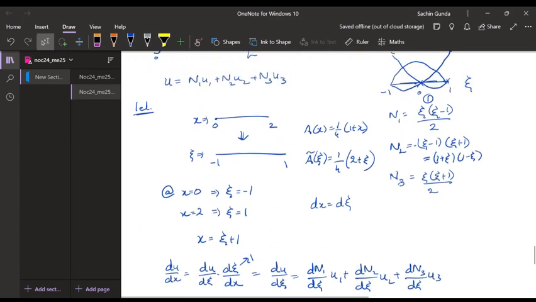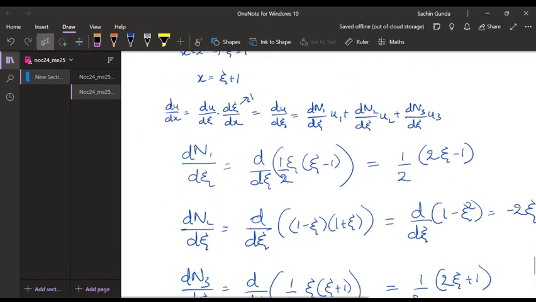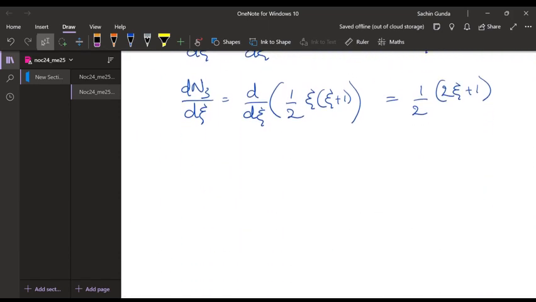And for the w we take N1, N2, N3, so we will get 3 equations.